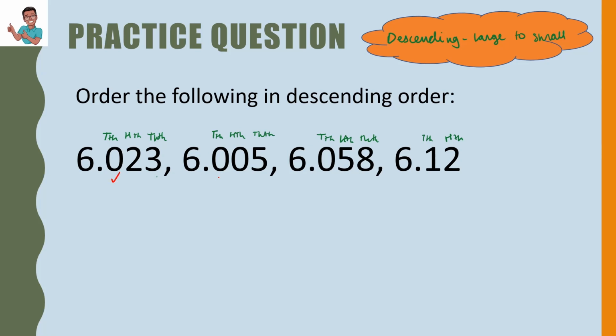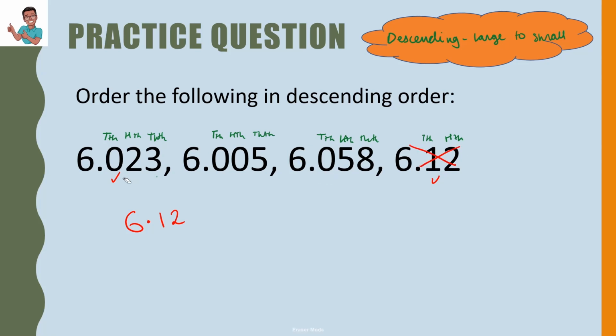So we have this, this, this, and this. Which one of these has the largest tenths column? This has got 0, this has got 0, this has got 0, but this has 1. This is the largest one. So we can write 6.12. And we'll cross it out.